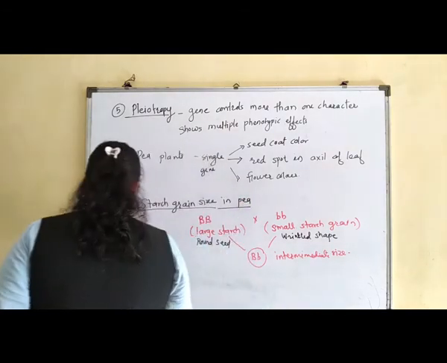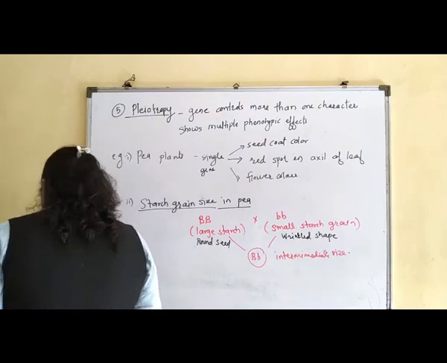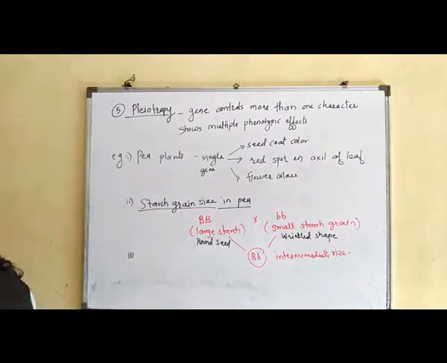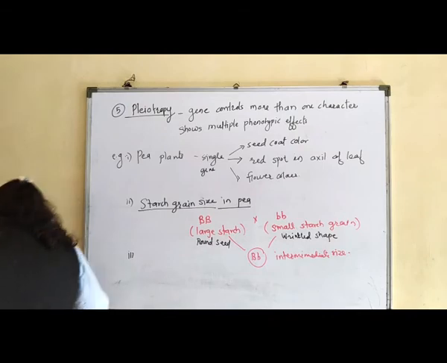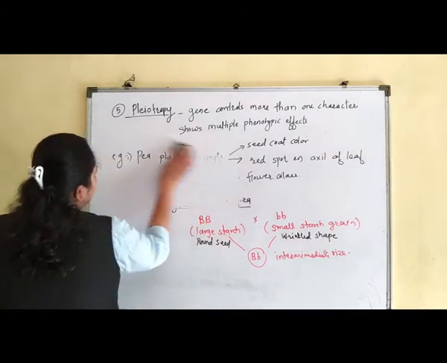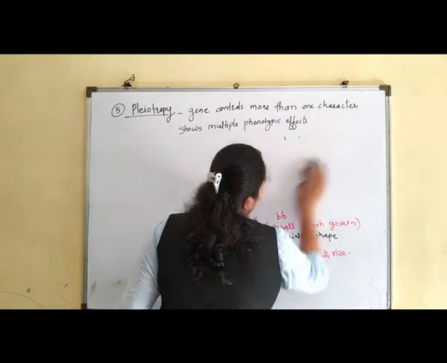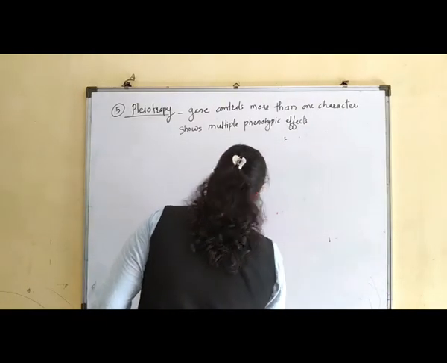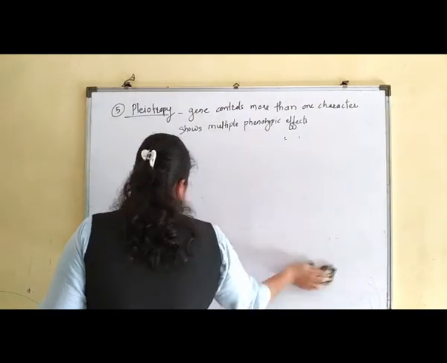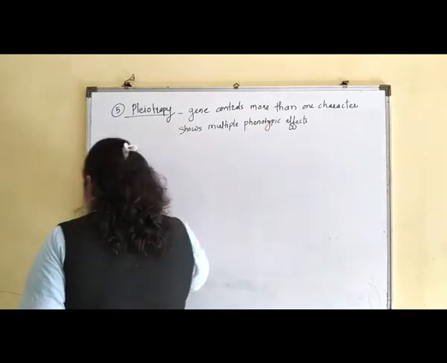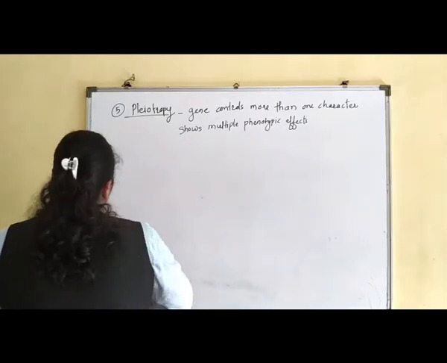The third example is sickle cell anemia. Okay, I'll rub this. Sickle cell anemia, we have taken for codominance also. Sickle cell anemia is an autosomal recessive disorder.